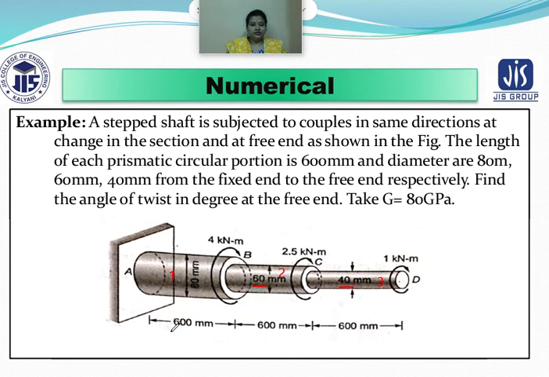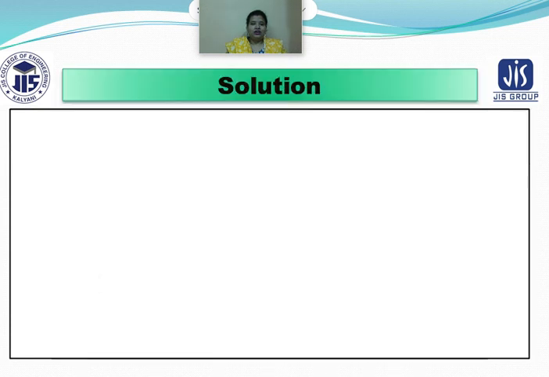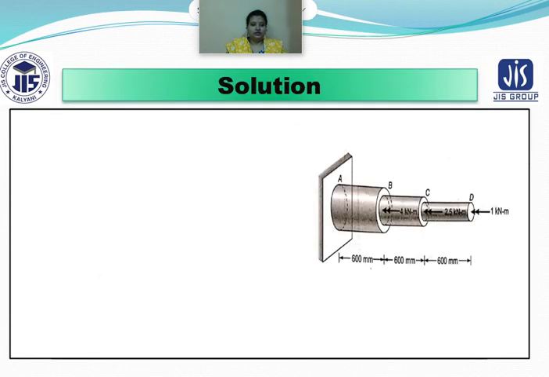The length of each is 600 millimeter. Now, how are you going to solve it? Initially you take this figure. The load given is 1 kilonewton meter, this one is 2 kilonewton meter and this one is 4 kilonewton meter.